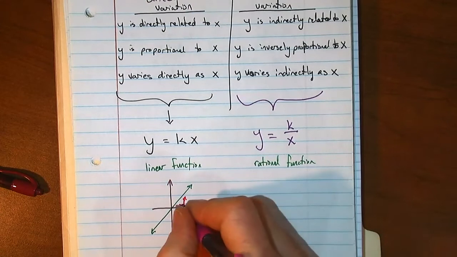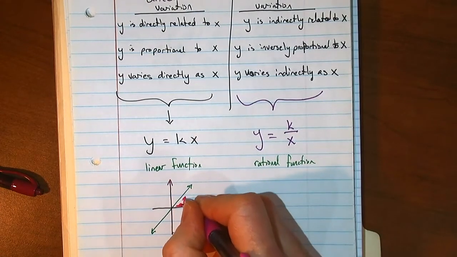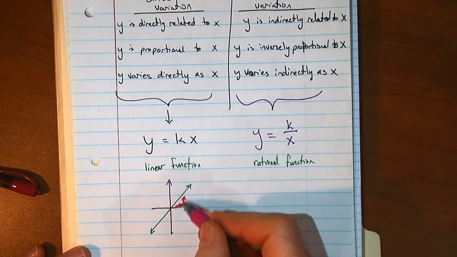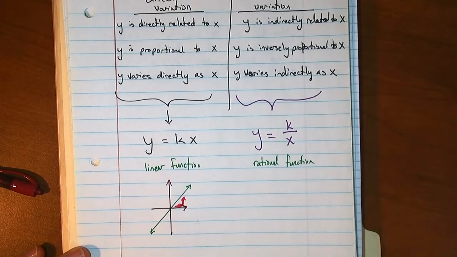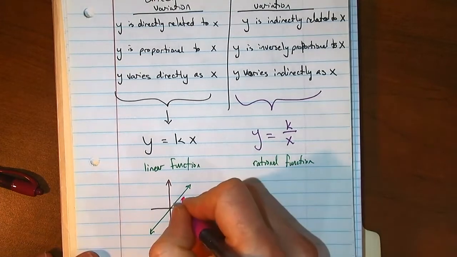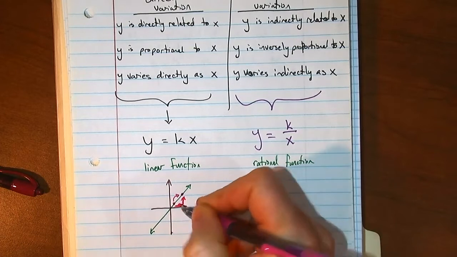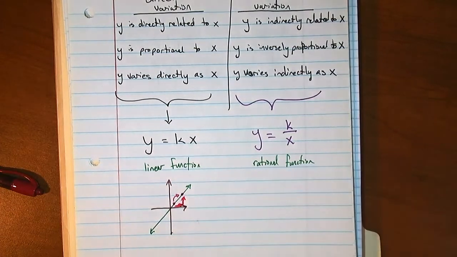Okay, so when I move to the right, I move up. So the two go hand in hand. If my x number got smaller, my y number would also get smaller. If I move from this point to this point, my x number got bigger and my y number got bigger.